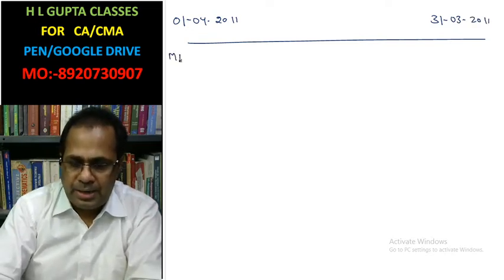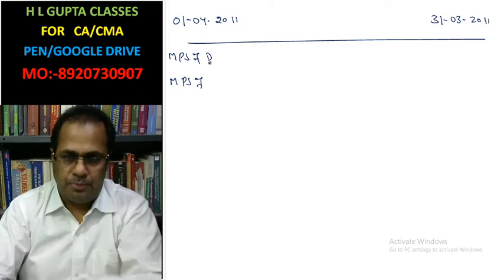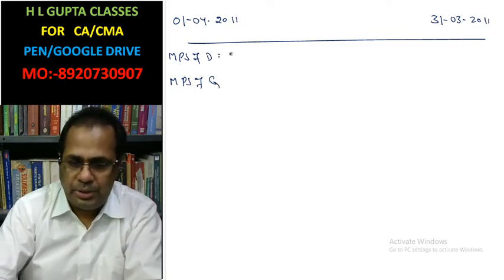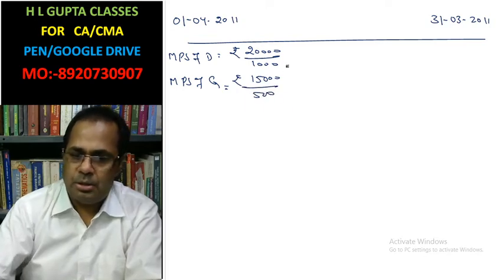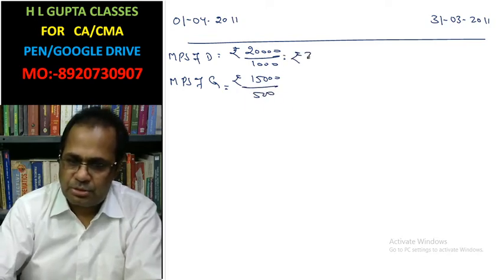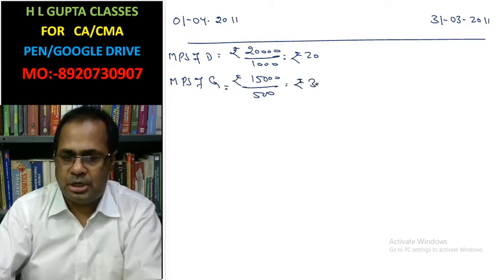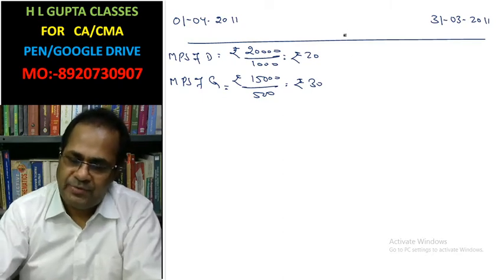The market price per share of D and of G we have calculated here: rupees 20,000 divided by 1,000, and rupees 15,000 divided by 500. In this case this is rupees 20 and this is rupees 30.